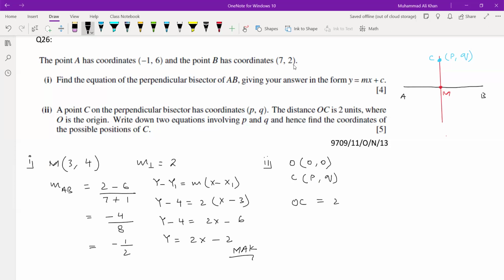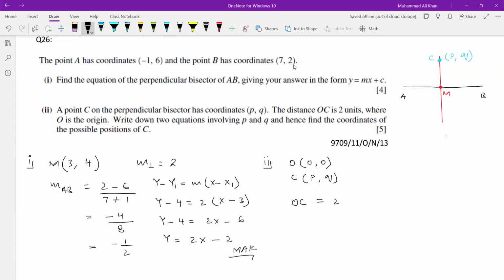P and Q are the 2 unknowns. So it means we have to make 2 equations. If the number of unknowns are equal to the number of equations, then we are allowed to calculate the value of the unknowns, right?